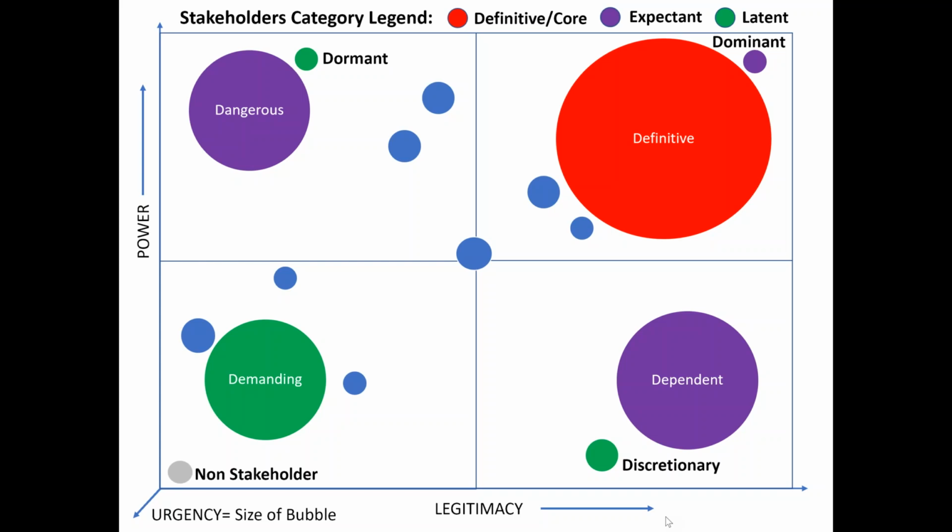In quadrant 4, we have demanding. Demanding is low on power and legitimacy and only high on urgency. This is the demanding stakeholder. And anyone who is low on everything, power, legitimacy, and urgency, is a non-stakeholder.